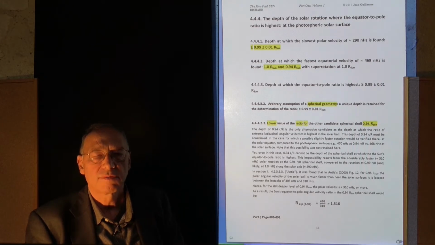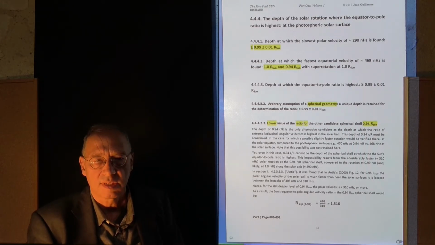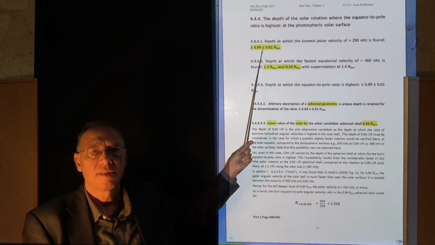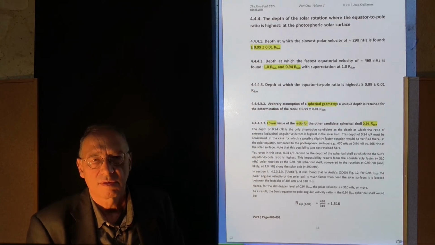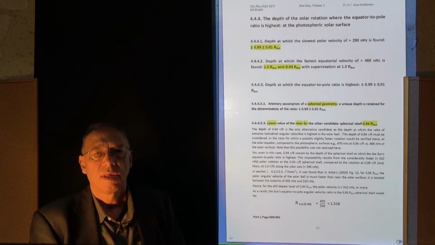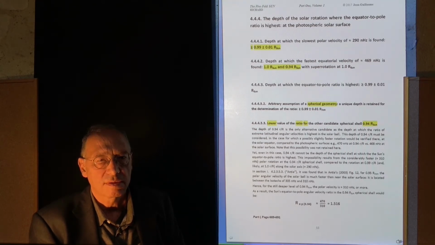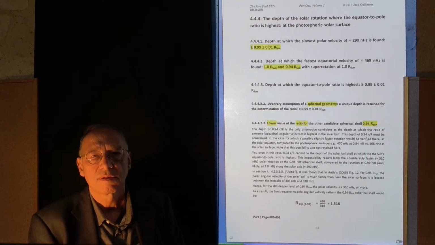Because we have to measure this in a spherical shell, and we have the slowest polar rotation at this depth, whereas in the equatorial region we have the fastest rotation in 2 or 3 different depths, including this one.